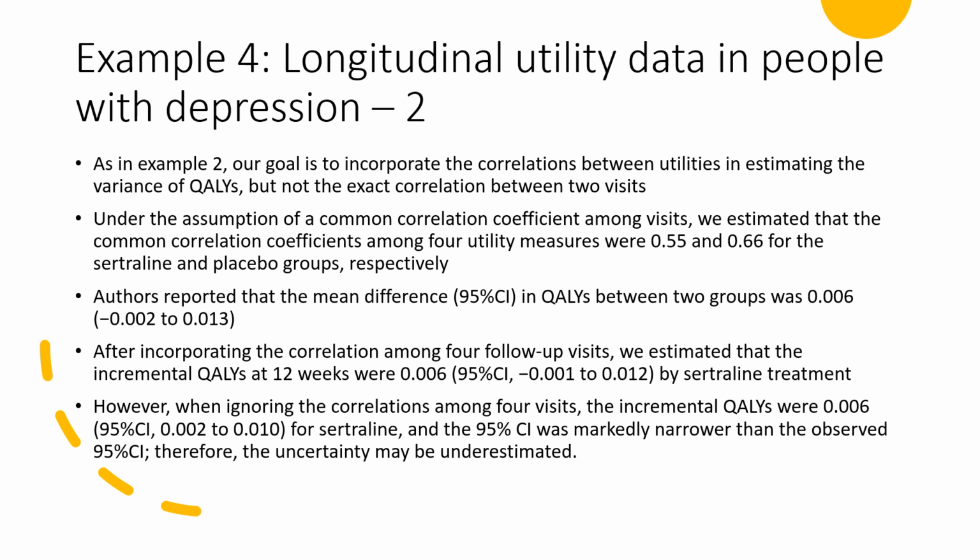After incorporating the correlation among 4 follow-up visits, we estimated that the 95% confidence interval of incremental QALY at 12 weeks was similar to the estimate from the observed data. However, when ignoring the correlations among 4 visits, the 95% confidence interval of the incremental QALY was markedly narrower than the observed 95% confidence interval. Therefore, the uncertainty may be underestimated. Thank you.